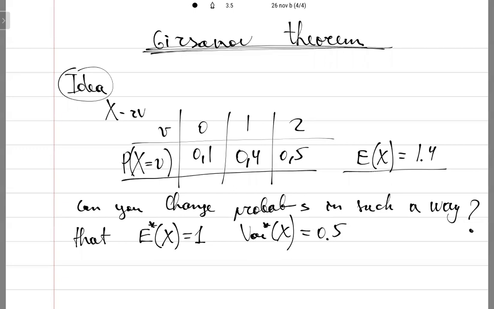Can you change probabilities in such a way that the expected value of X is 1 and the variance is 0.5?